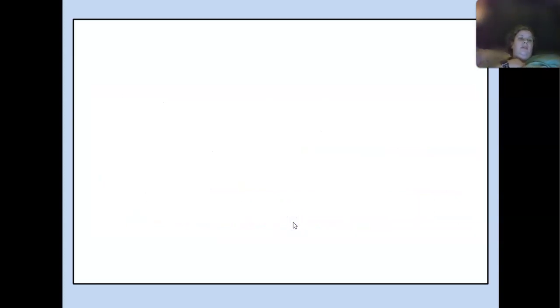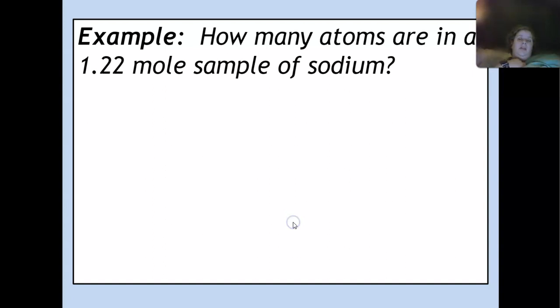So we're going to go over examples of both of those. The first one is how many atoms are in a 1.2 mole sample of sodium. So we're going to convert moles into particles, okay? You have 1.2 moles of sodium. You know that. You don't know how many atoms it has.